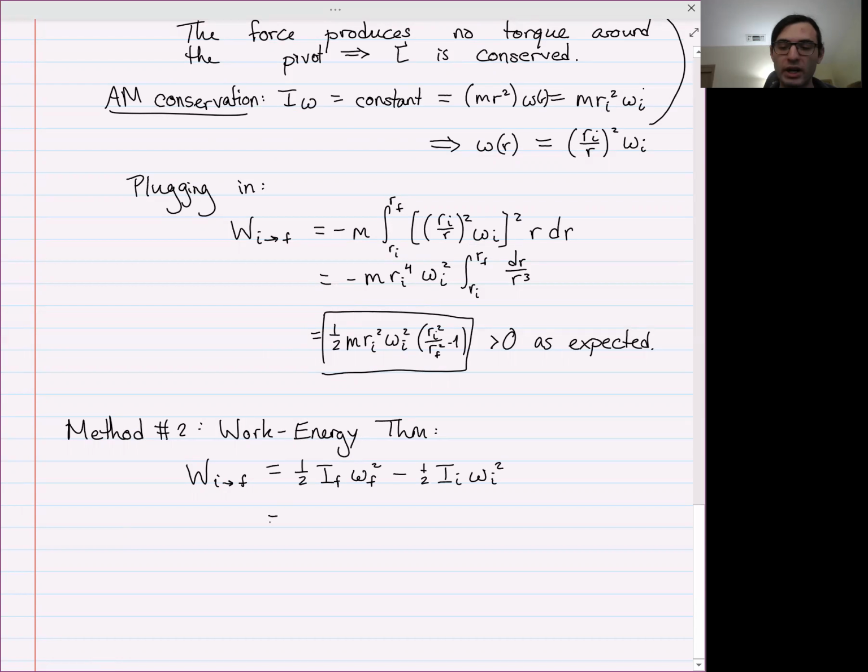So we know what I_F and I_I are. I_F is just m times r squared, where r is Rf. So this is 1/2 m Rf squared times omega F squared minus 1/2 m times Ri squared times omega I squared. Remember, the moment of inertia for a point mass, this is always true about any pivot point, is just the mass times the distance from the point mass to the pivot point, squared.